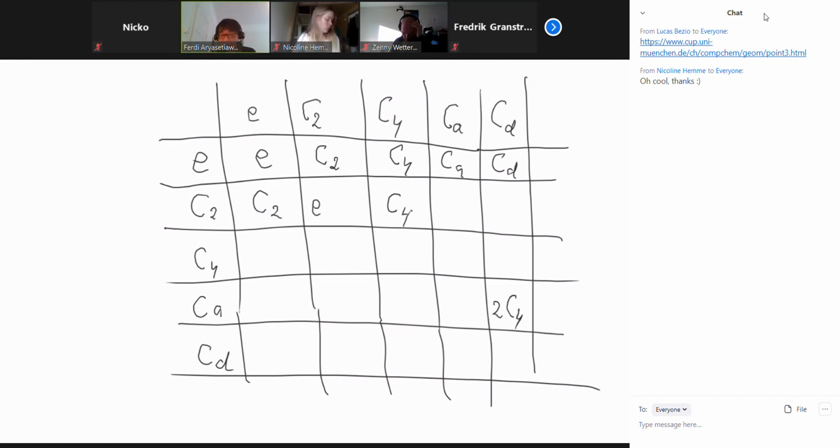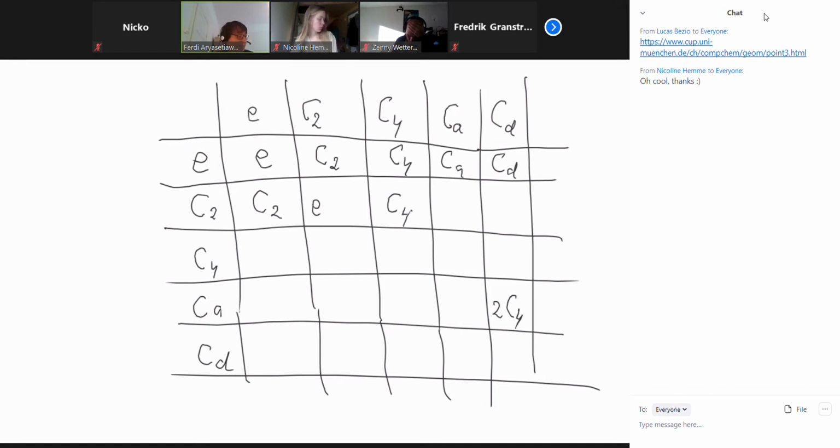So I guess the idea of this exercise is just to see that when you multiply two classes, you can see explicitly that it does give you a linear combination of the other classes. But in general, you would use this formula.